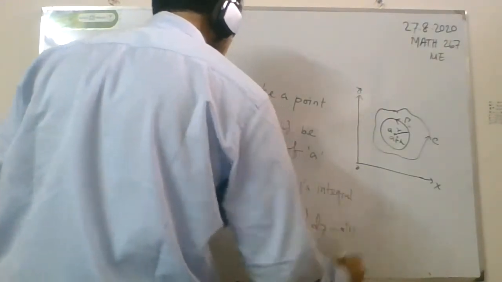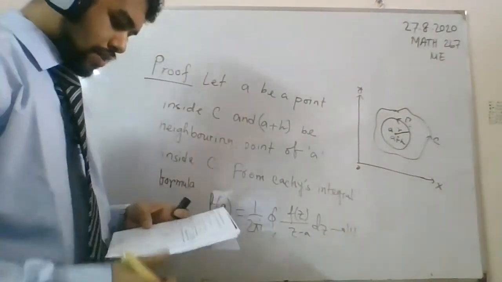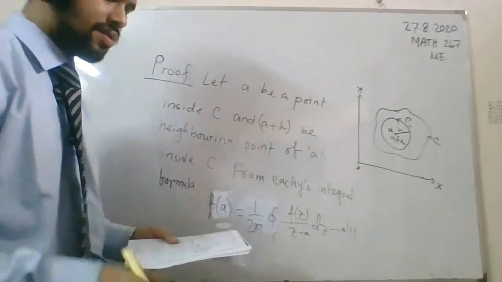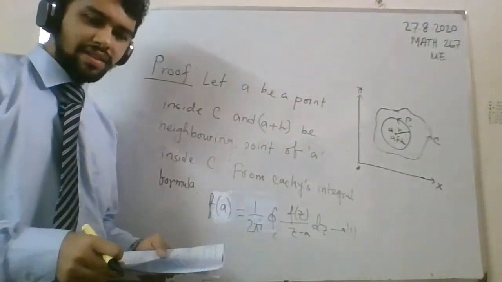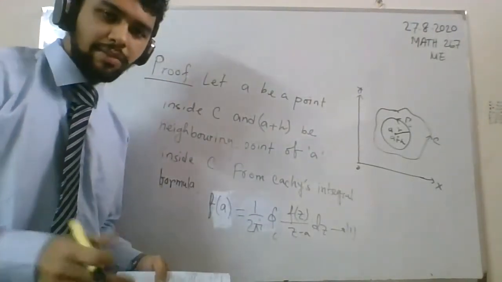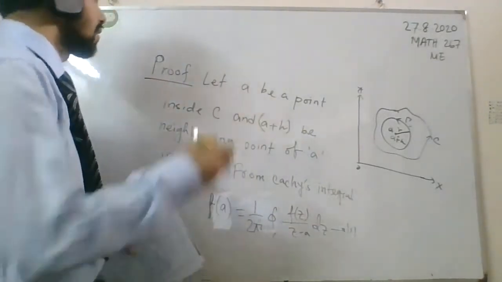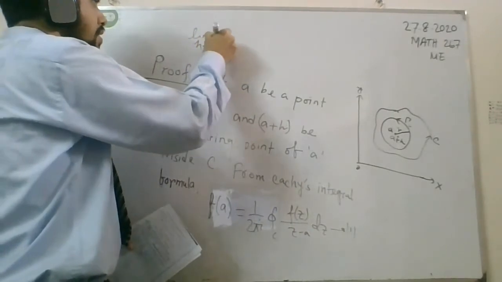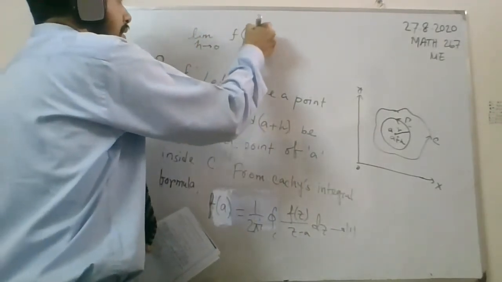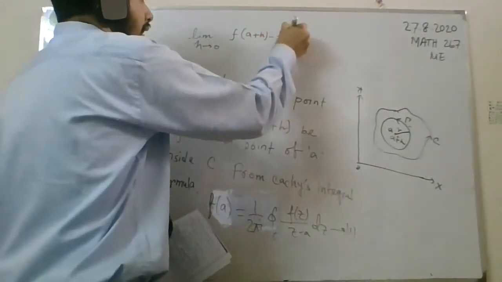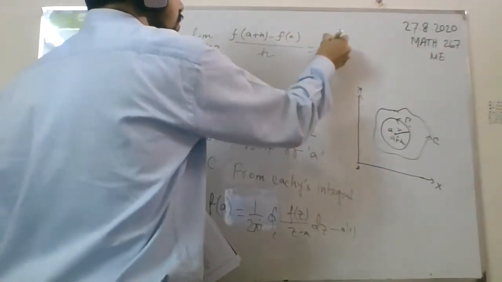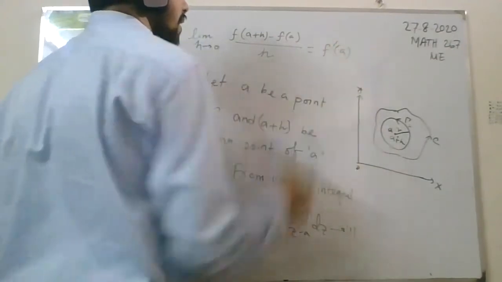This is equation 1. Now you know the definition of differentiation, which uses a limit: limit h tends to 0 of f(a plus h) minus f(a) divided by h equals f prime(a).